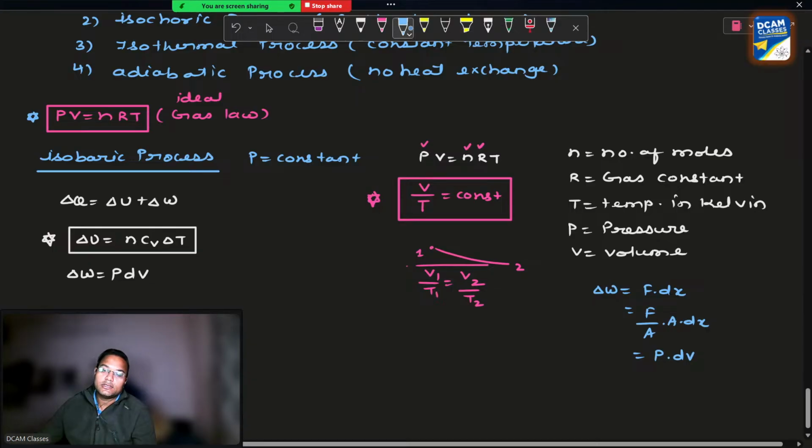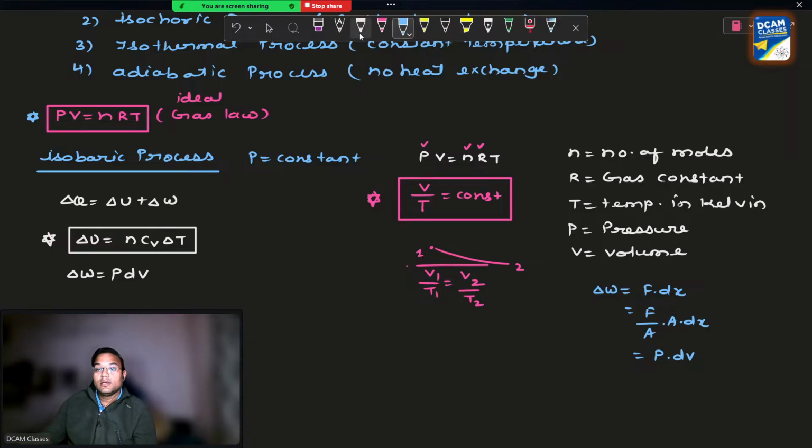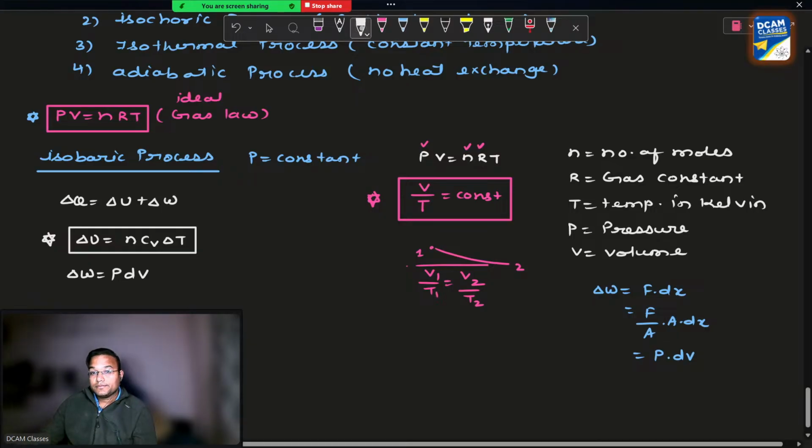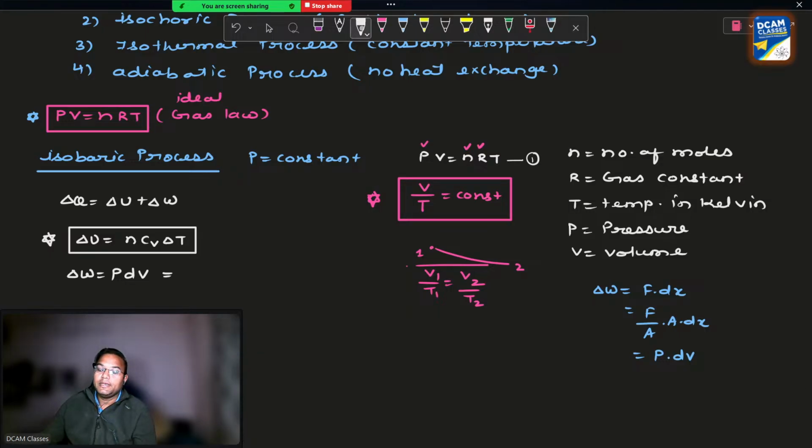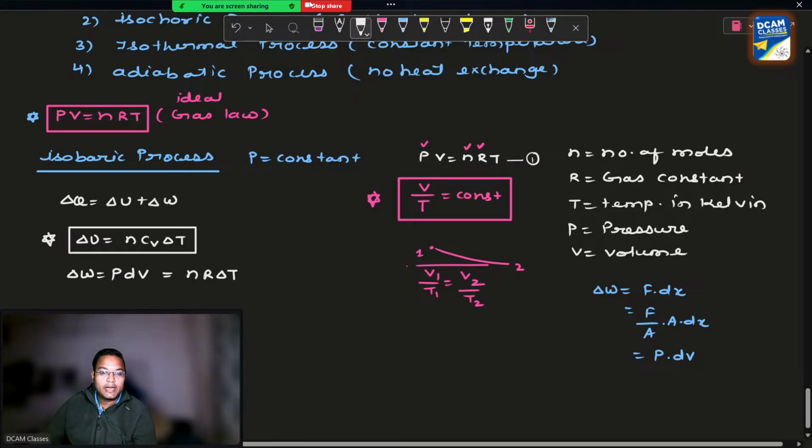So like that we write delta W as PdV. Now PdV is there. Using this equation PV is equal to nRT, if P is constant, PdV is there, n and R are constant, I can write this as equal to nR delta T, or nRdT.